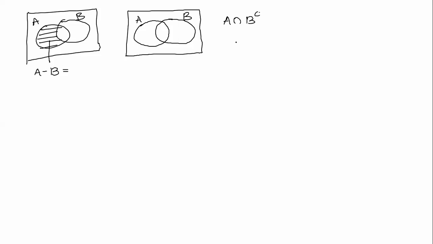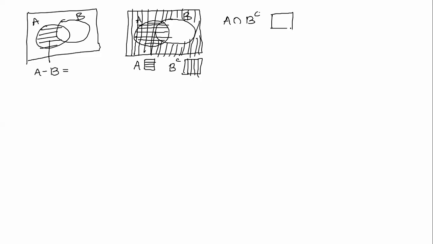How does it come? Let us represent A by horizontal strips, and B complement by vertical strips. What will be the region that corresponds to A and B complement?